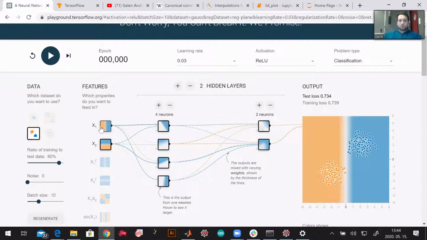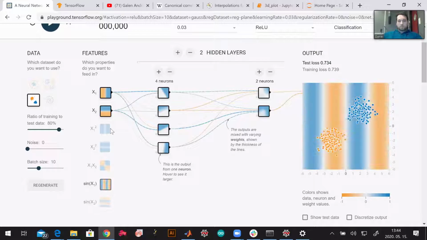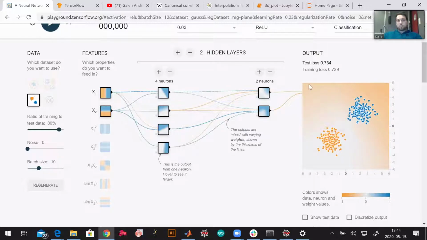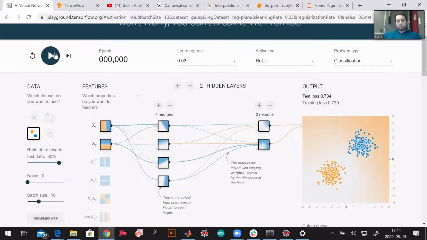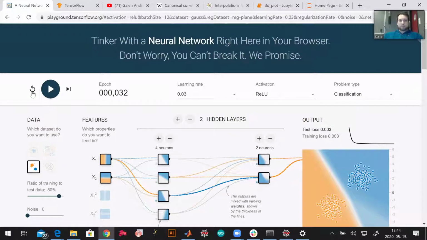It's just the coordinates of the x1 and x2 axis, but you can add more complex inputs to the network. And on the right, you can see the output of the network, which is really intuitive because you can see the boundary of the classification task.